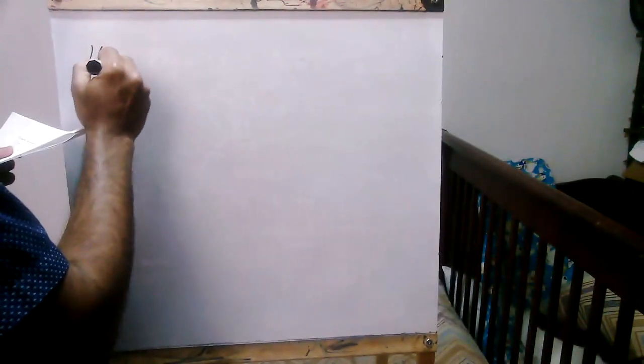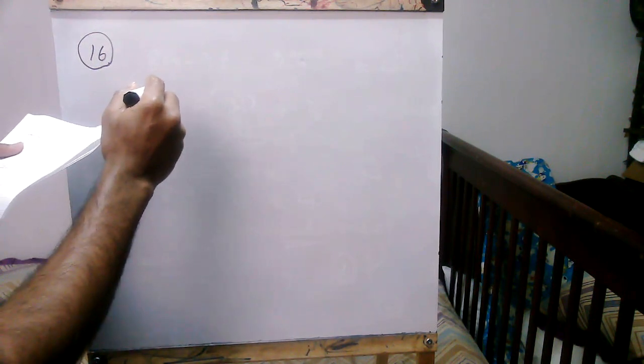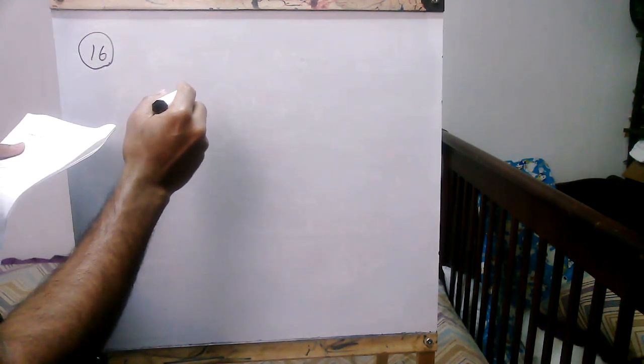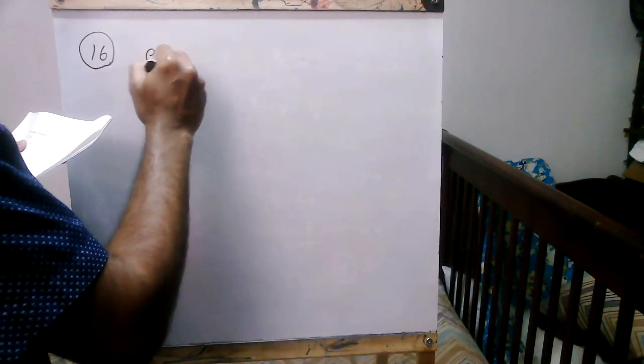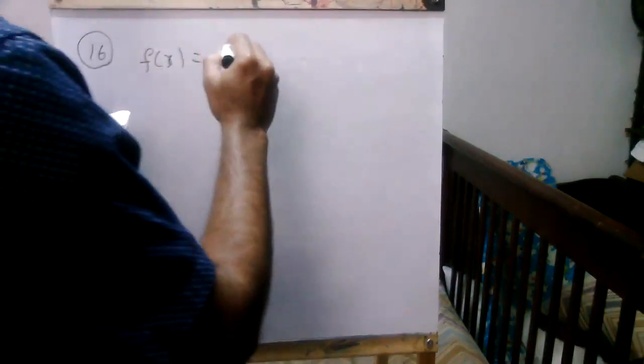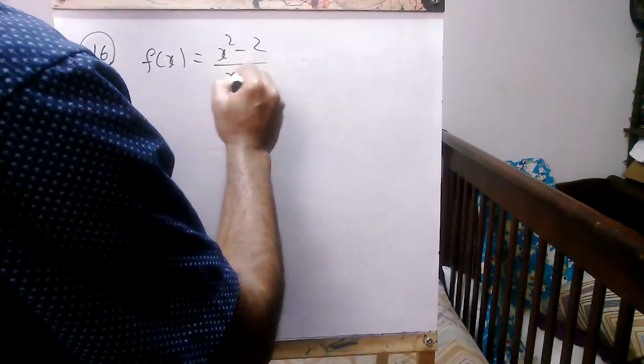16 is find the instantaneous rate of change. Rate of change at x equal to 3 of the function f given by f of x equal to x squared minus 2 divided by x plus 1.